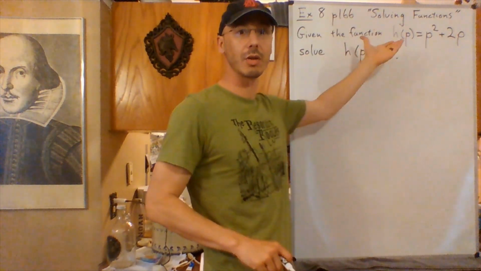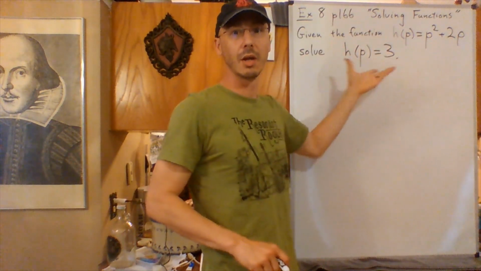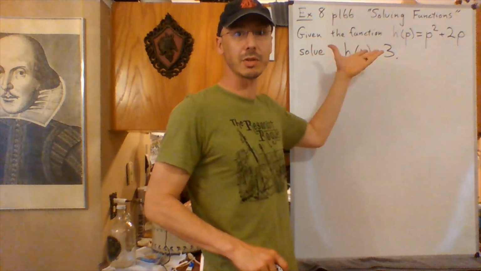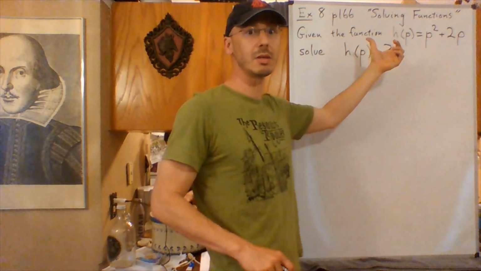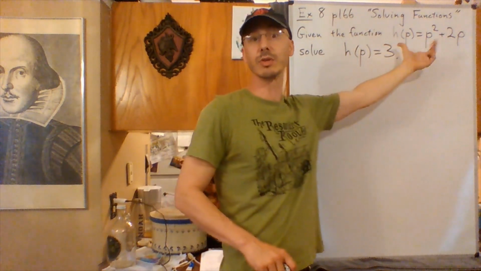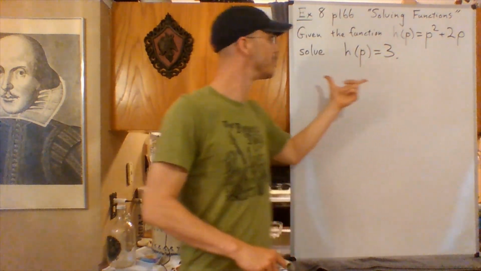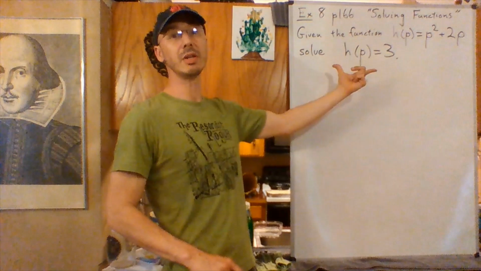And I usually don't call it that, I just say solve, but for this problem, given the function h of p equals p squared plus 2p, the same function we used for the last example, this time, solve h of p equals 3.